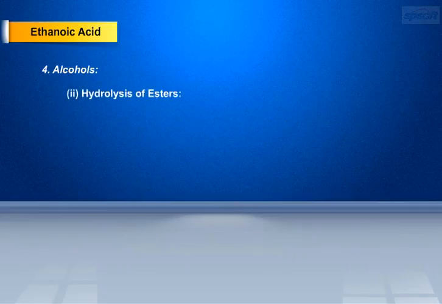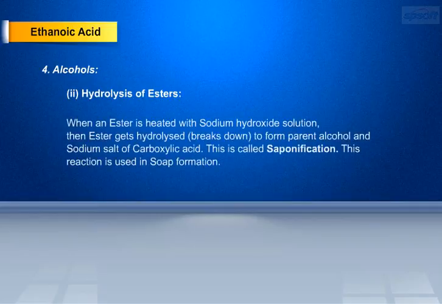The next is hydrolysis of esters. When an ester is heated with sodium hydroxide solution, the ester gets hydrolyzed, that is, breaks down, to form the parent alcohol and the sodium salt of the carboxylic acid. This is called saponification. This reaction is used in soap formation.